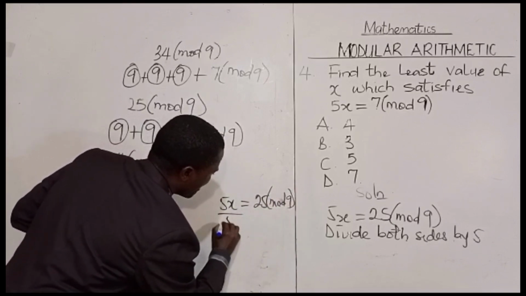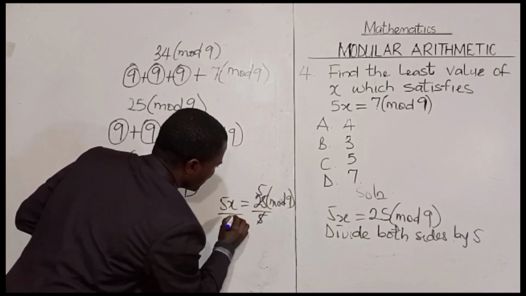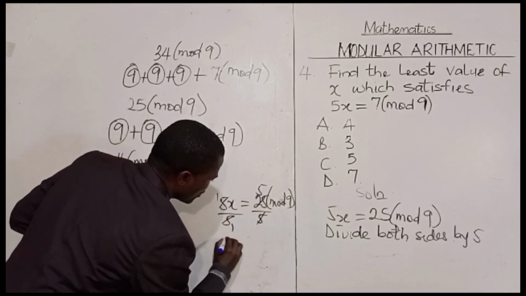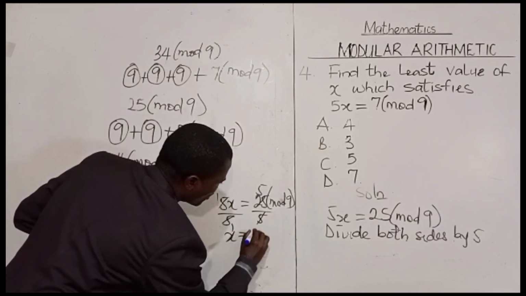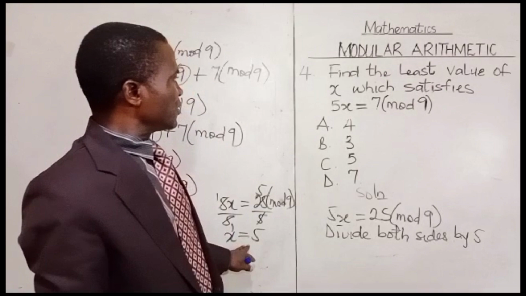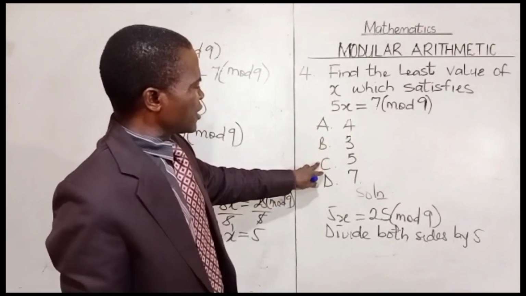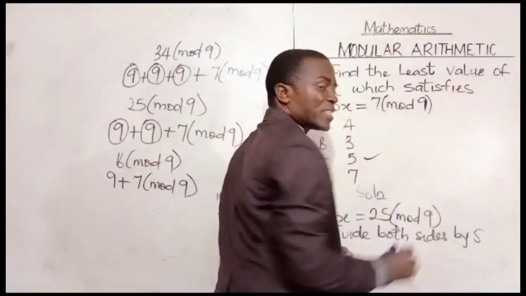And this one will divide by 5, divide by 5. This one will have 5. We'll have 1, 1. So the final answer is going to be equal to 5. So our answer now is 5. Looking at the options, A, wrong, B, wrong, C, correct. So the most appropriate answer to this question is 5.